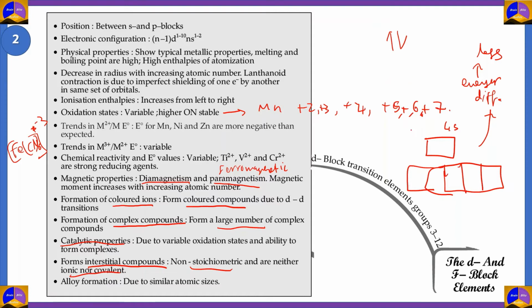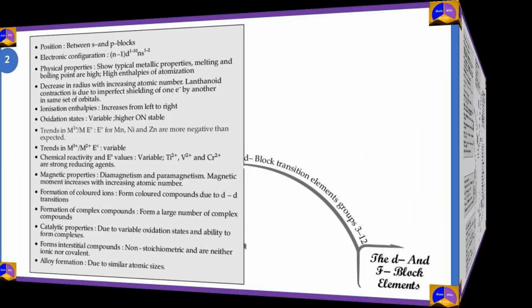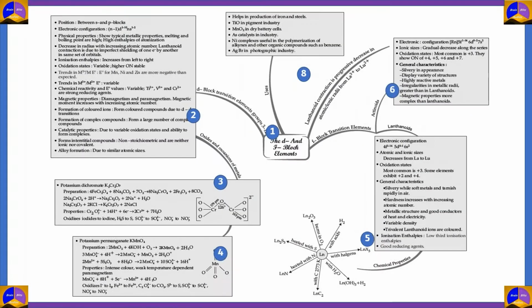And since d block elements have almost similar atomic sizes due to lanthanoid contraction, you can form alloys easily with them. So that was a short overview about the d block elements, their physical properties, their chemical properties, and also about some unusual things regarding the d block elements.